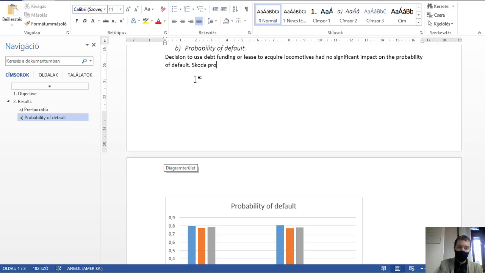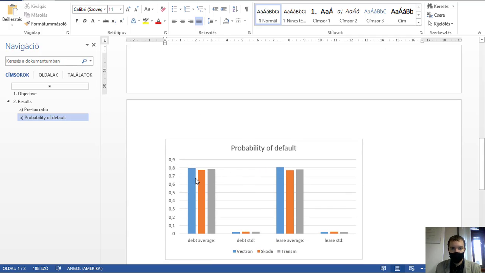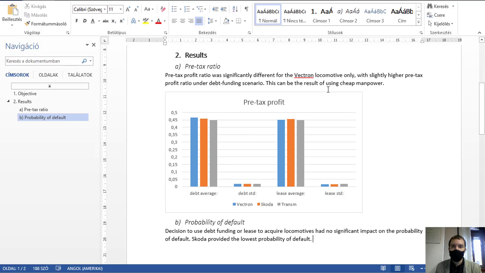Skoda provided the lowest probability of default. If we are looking at it, then we can say that on average, and it is also supported by the standard deviation, there is a benefit here. If we are looking at the pre-tax ratio, then we can see that also because of the Vectron there are significantly different results.